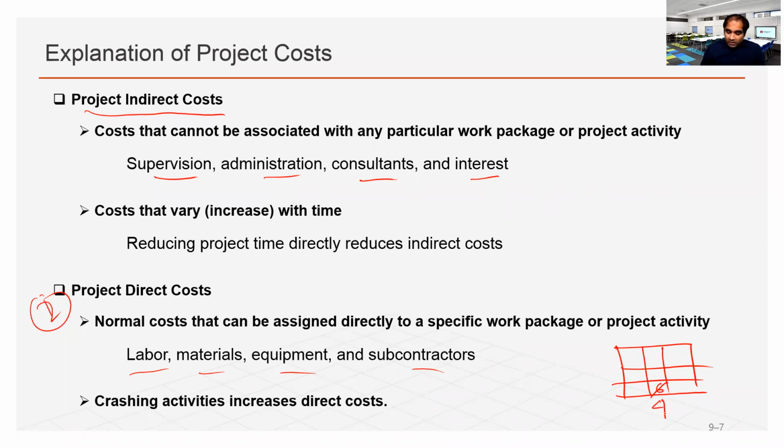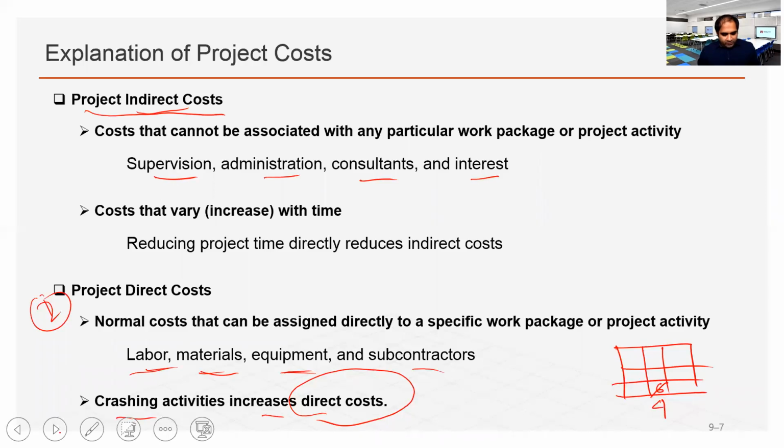That will be compensated by additional labor or material or equipment cost. That means any crashing activity will increase the direct cost related to that project. So if you shorten the project duration, direct cost will increase, but indirect cost will decrease.